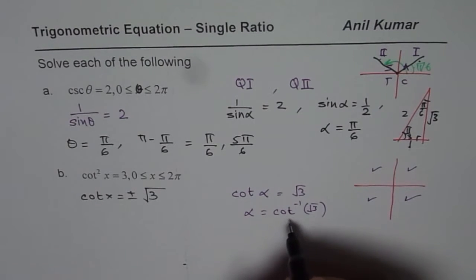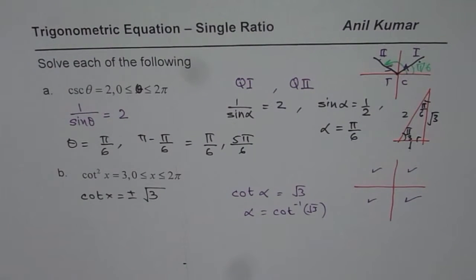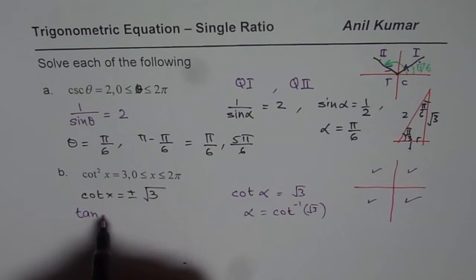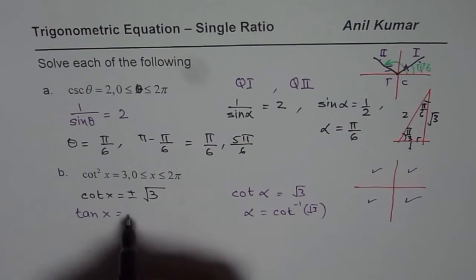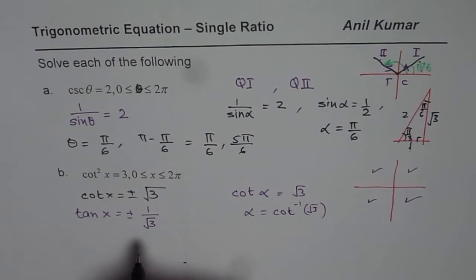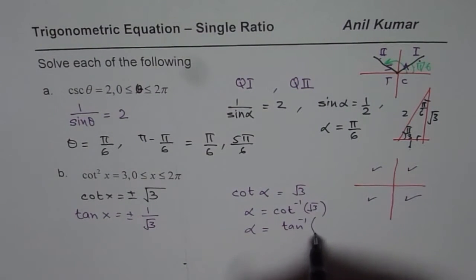If you want to use a calculator, then we should write this as we did last time. Instead of cot, make it tan. Do you see that? So let me go back now and say tan of x equals plus minus 1 over square root 3. Do you get the idea? So we are looking for alpha as tan inverse of 1 over square root 3.